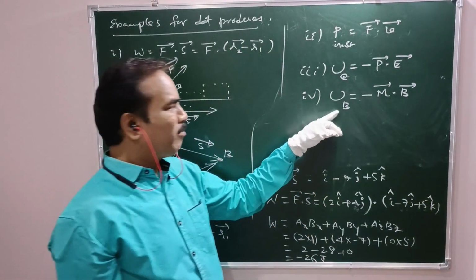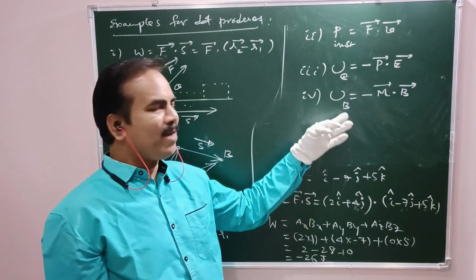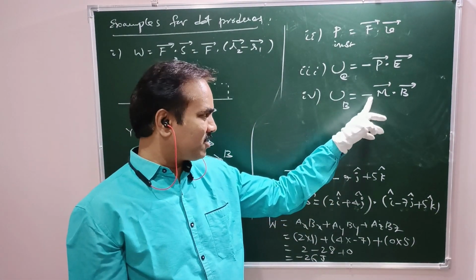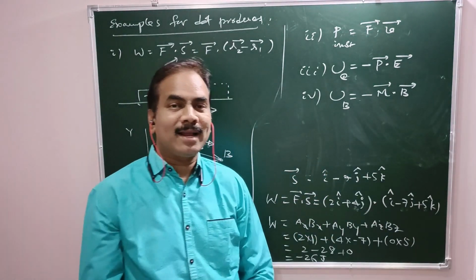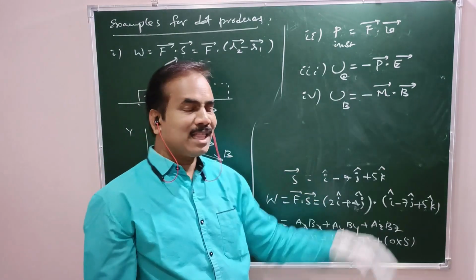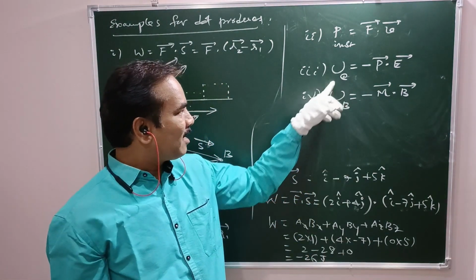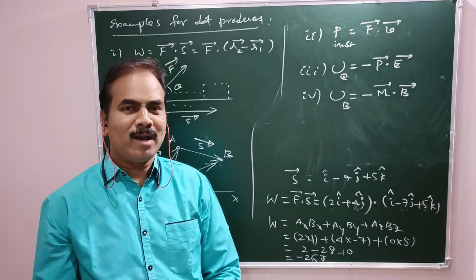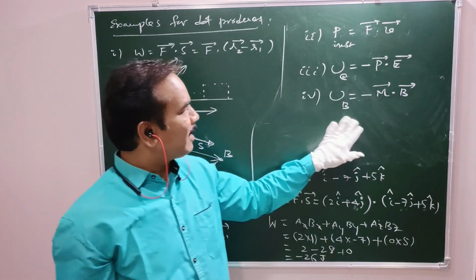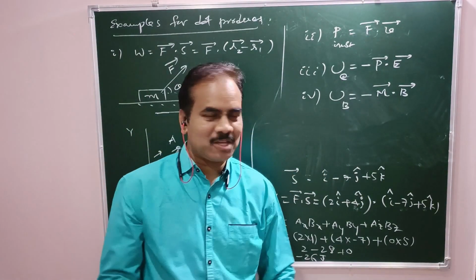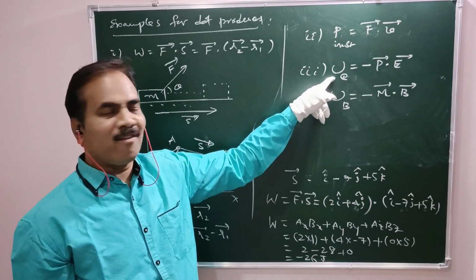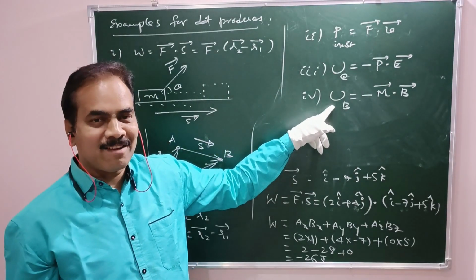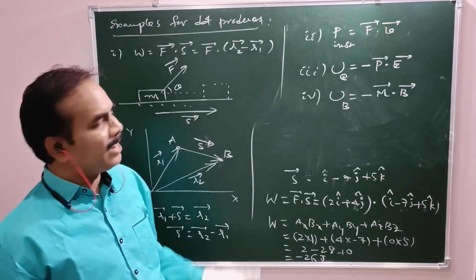UB means potential energy of magnetic dipole, which is given by minus m bar dot b bar, where m bar is magnetic dipole moment and b bar is magnetic field. These are related to secondary topics, which will be covered in further chapters. For the time being, accept the relations, that's all. So instantaneous power, potential energy of electric dipole, potential energy of magnetic dipole, work done, etc.